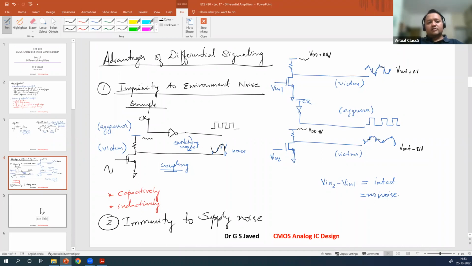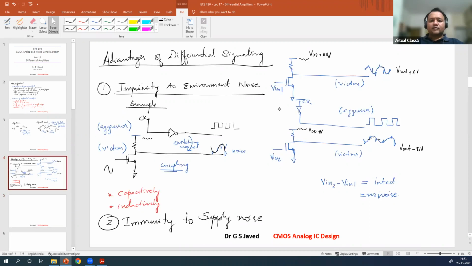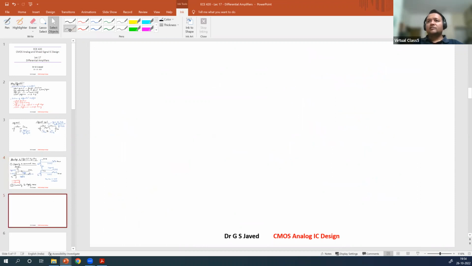Next is, now that we have seen one aggressor and two victims, what will happen if you have two aggressors and one victim? For example, this is going to be very common when you're doing high-speed signaling.